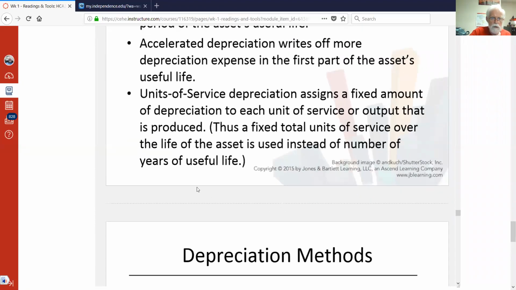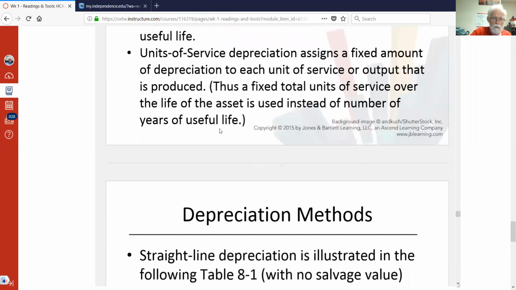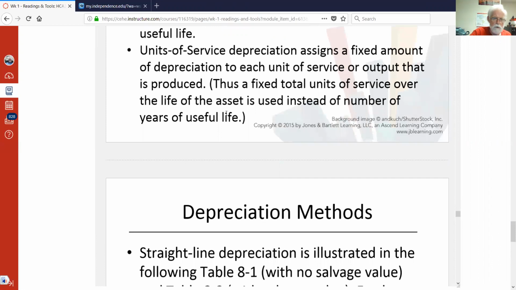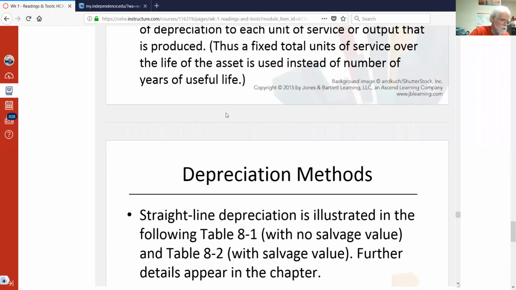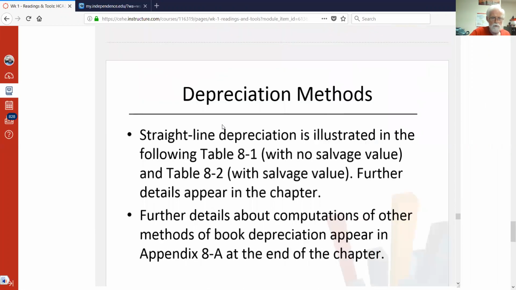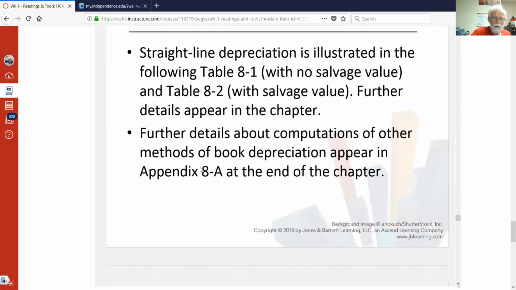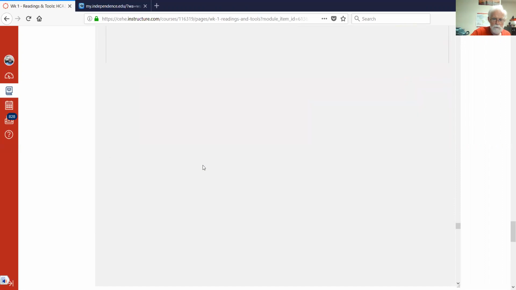And units of service, where the depreciable amount relates to how often you can use something. This may apply to equipment, say in a PT facility. Straight line, okay. There are other computations.